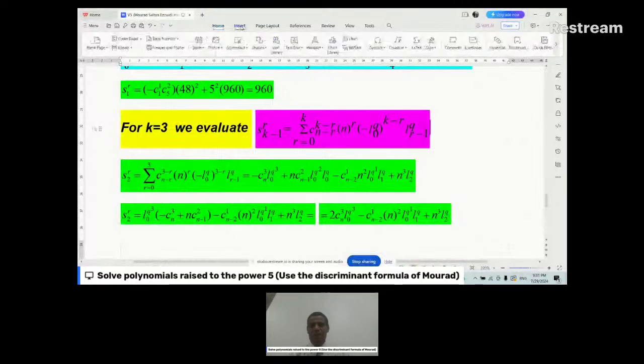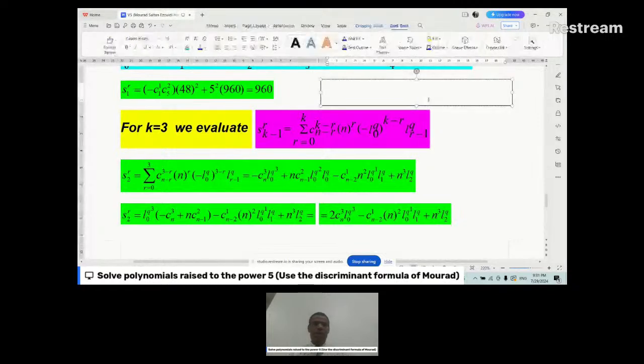Okay, I will try, of course, it is possible. Insert the text box, okay. I'll put it here. Okay, so this one, learners, it's written as the discriminant formula of Mourad Sultan Ezouidi.